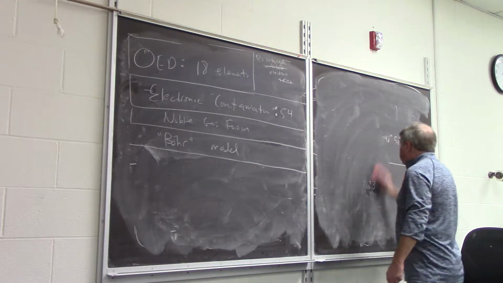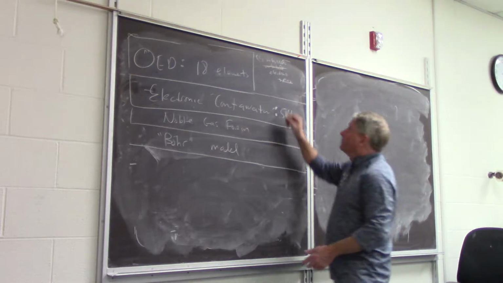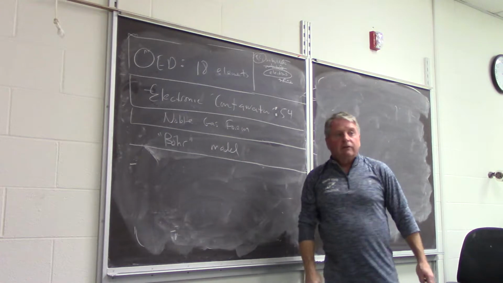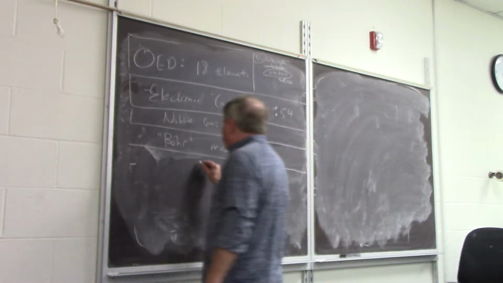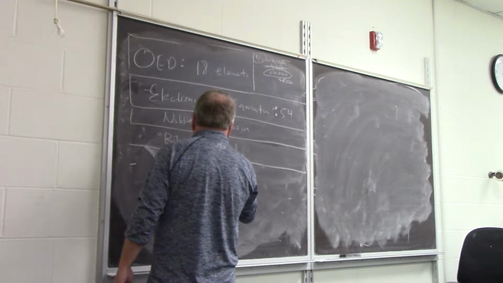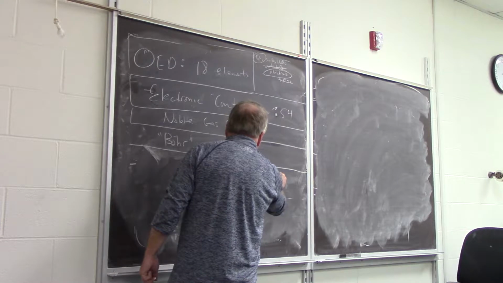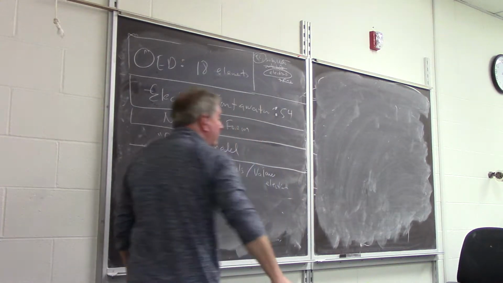The Bohr model basically cuts through everything. It just gives you energy level and the valence electrons. That's it. There are different ways to come up with that. We'll do it the hard way, and then we'll do it the easy way.